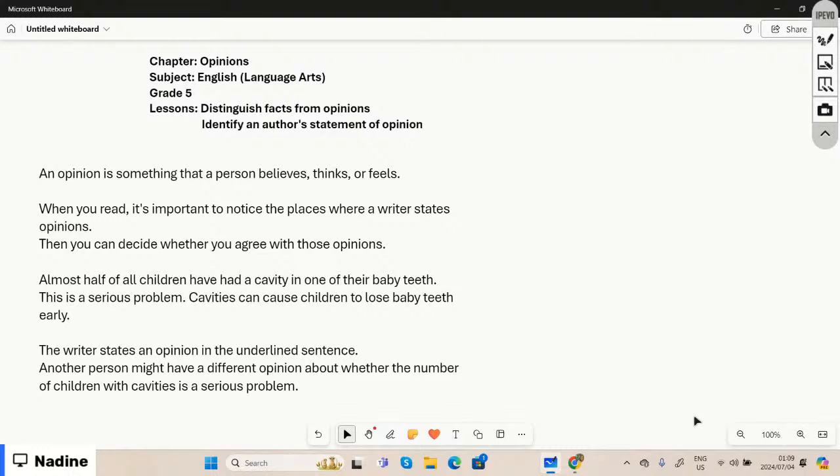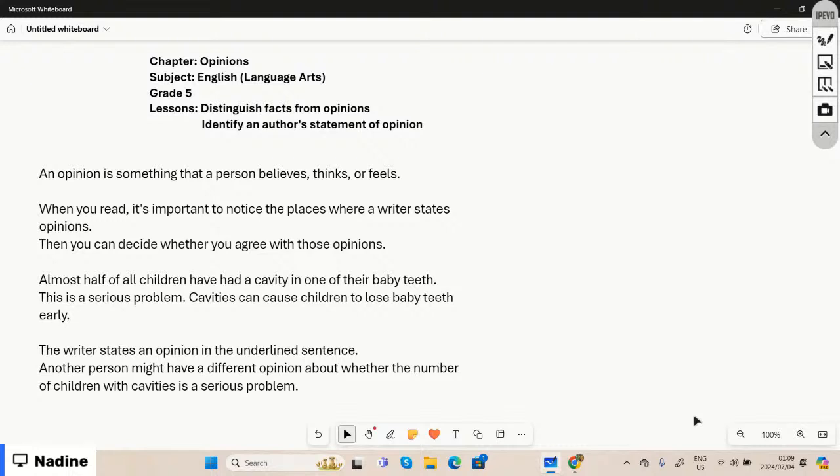So, let's say for example, when there's a text or a story or a book, then when you read, it's important for us to notice the places where the writer states opinions. Even if you look at magazines, newspapers, articles, we have our facts, and then we also have our opinions, right?